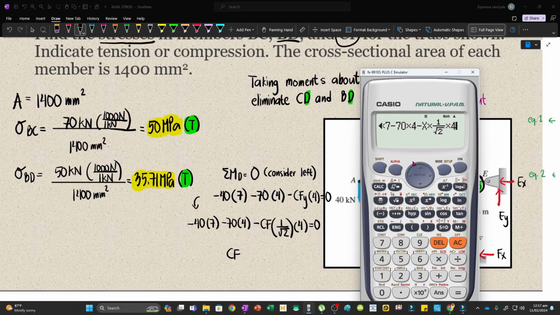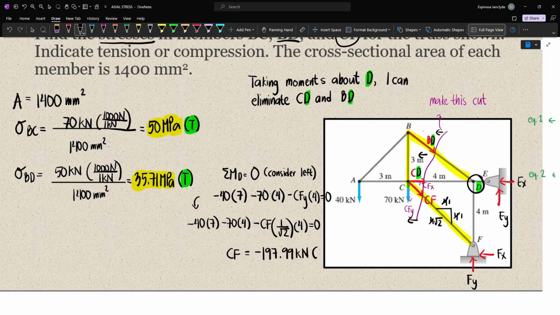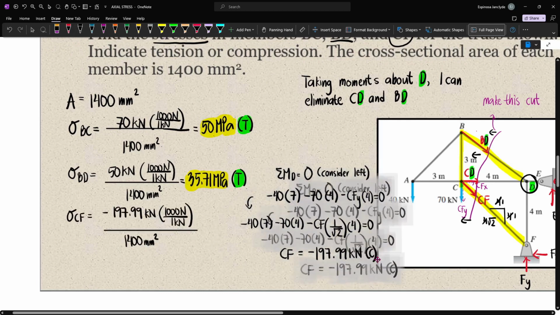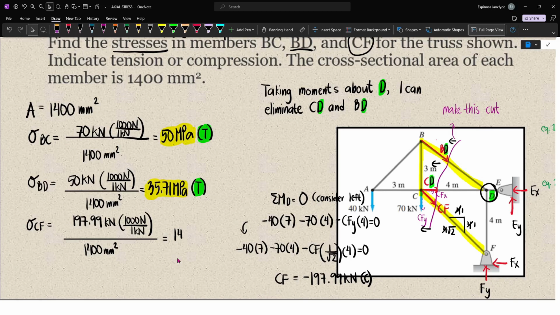Solving CF, we have negative 197.99 kN, and that's compression, because our result is negative. And so the stress in CF will be 197.99 times 1000 divided by 1400 mm squared, which is 141.42 MPa, and that's in compression.